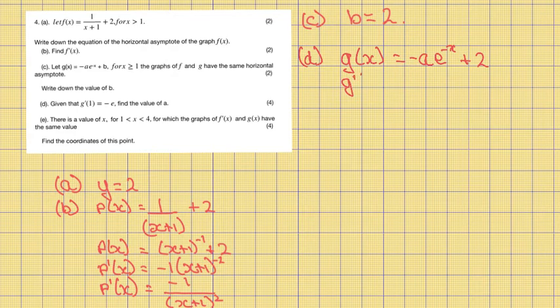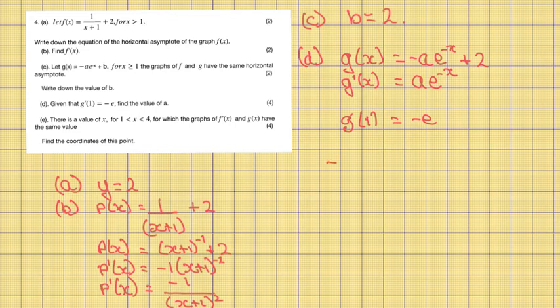So g dash of x, differentiate the first part, you get a e to the minus x, the 2 disappears. We're told that g dash of 1 is equal to minus e. So we can substitute 1 for x into g dash of x.